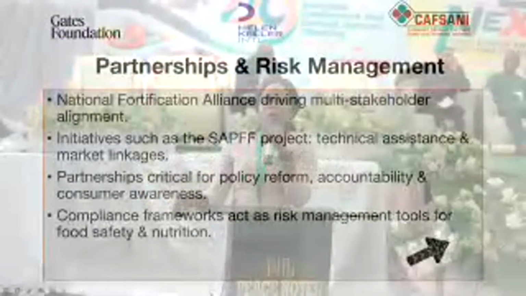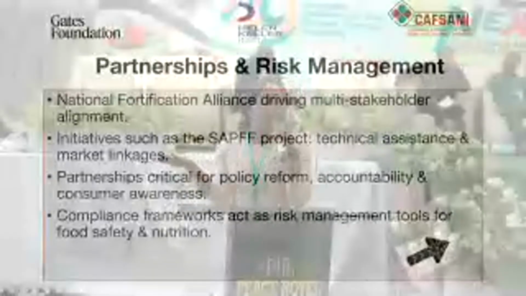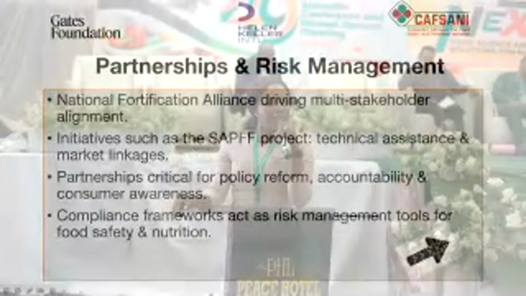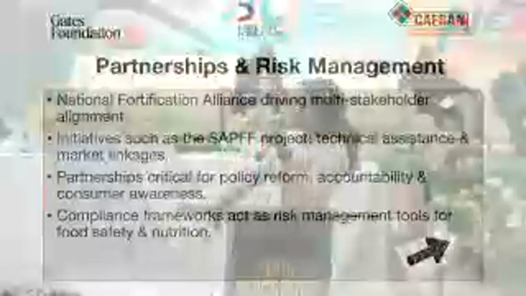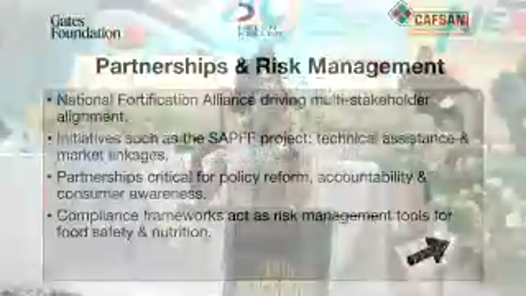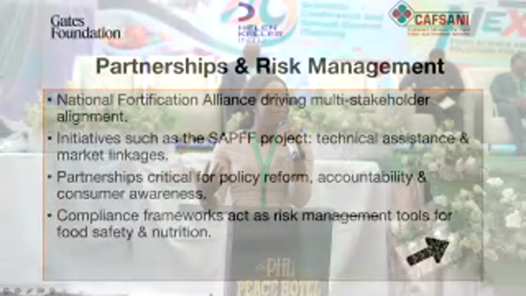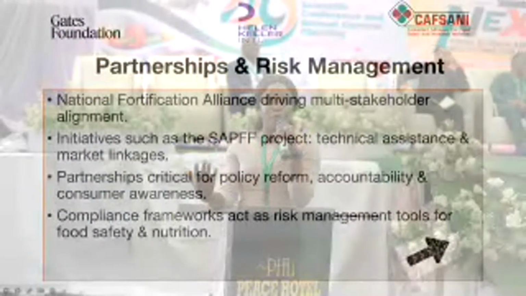The International Development Organizations should provide technical assistance and the funding that is required for this large-scale food fortification. Government should do proper oversight and also provide the necessary policies and environment that will help to facilitate large-scale food fortification.